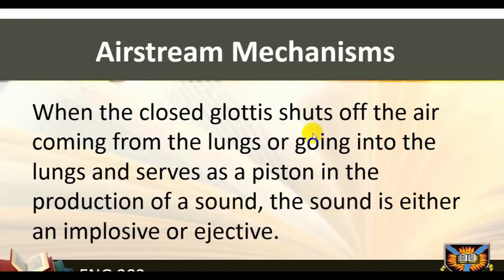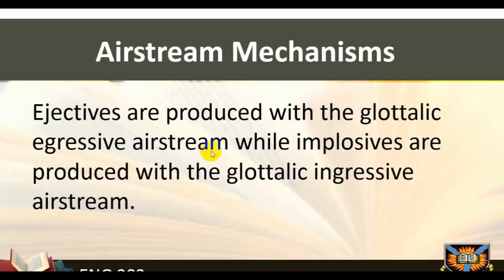The closed glottis shuts off the air coming from the lungs or going into the lungs and serves as a piston in the production of a sound. The sound is either an implosive or ejective. Ejectives are produced with the glottalic egressive airstream, while implosives are produced with the glottalic ingressive airstream.